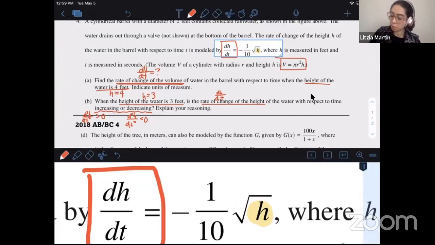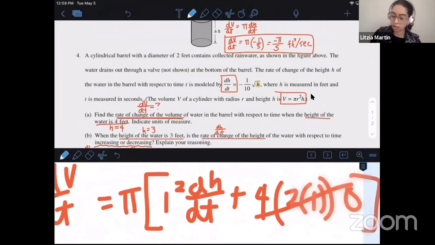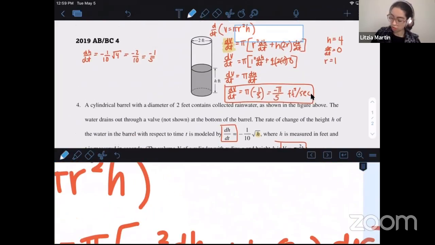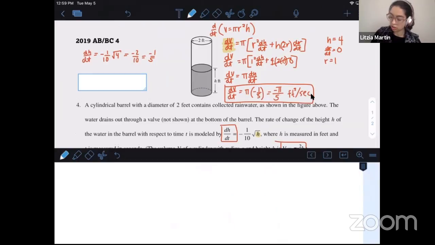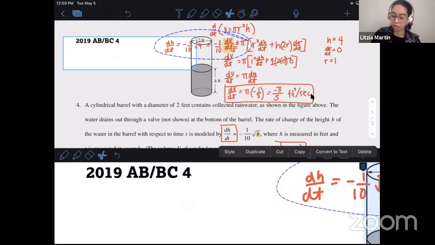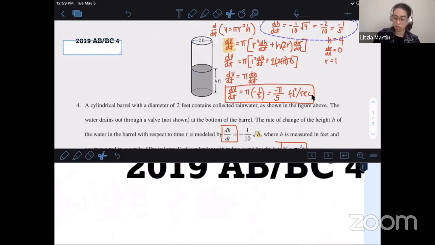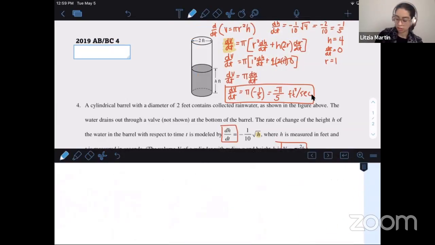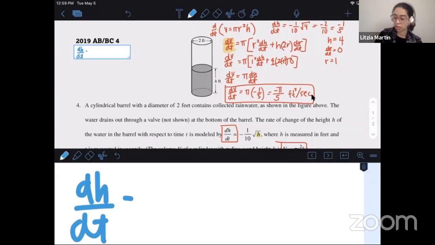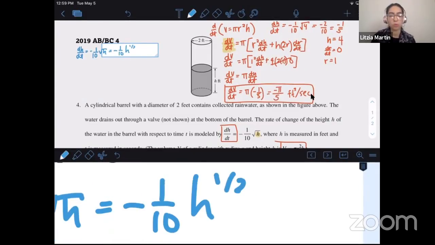I'm going to do this in a different color so that I can come back up here and do it on this side. So dH over dt is equal to negative 1 over 10 root h. I can rewrite that as a power, so we can just do a power rule here.